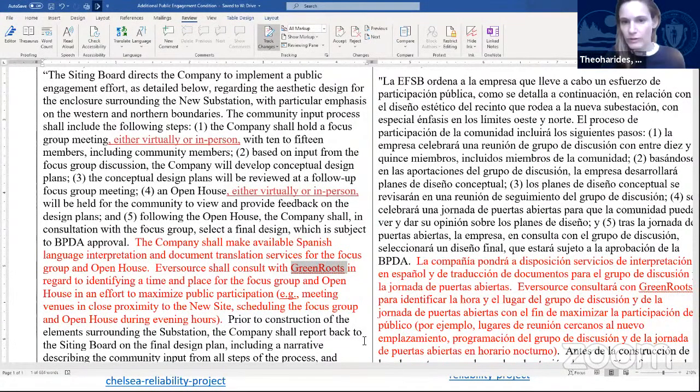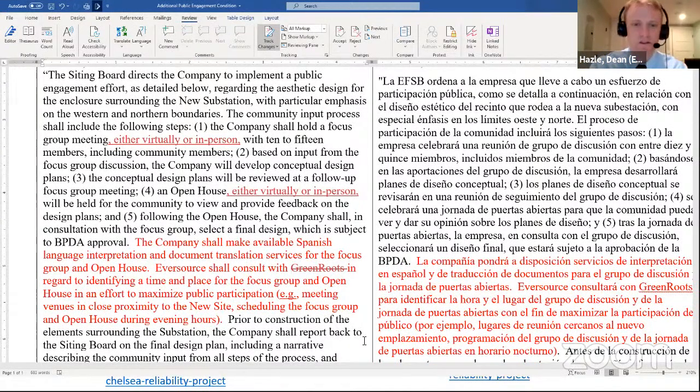We can make that removal. Eversource shall consult with, we could just say that, a representative community organization generally, or Mr. Green, would it be appropriate if Eversource sought approval of the siting board staff or anything like that in lieu of consulting with Green Roots? Interested stakeholders, perhaps?